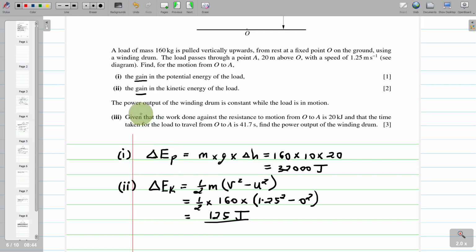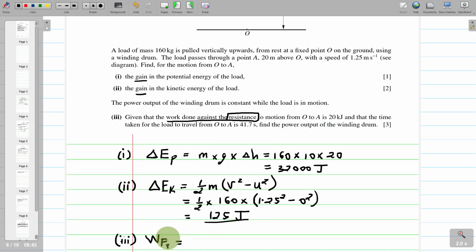And then in part 3, we are told that the power output of the winding drum is constant while the load is in motion. Given that the work done against the resistance, look at this, the word is against, to the motion from O to A is 20 kilojoules. So this information pertains to part 3. So we are going to say that the work done against resistance is 20 kilojoules.